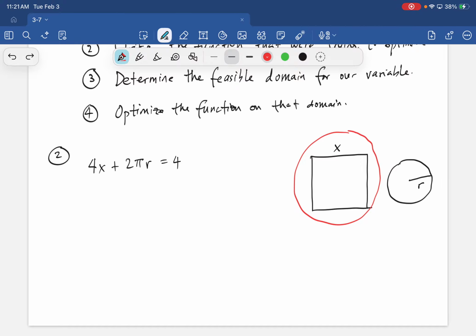Once you plug that in and simplify it, you'll find that the side length of the square is 8 over 2 pi plus 8, and the radius of the circle is 2 over pi plus 4. And this will maximize the total area of both the square plus the circle.